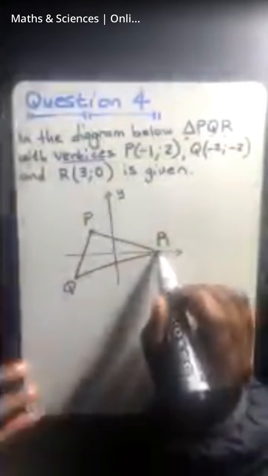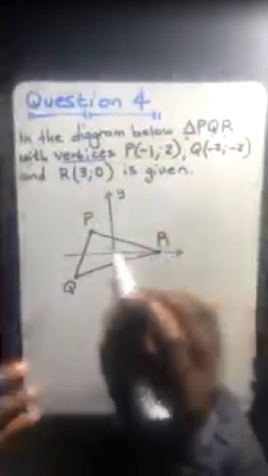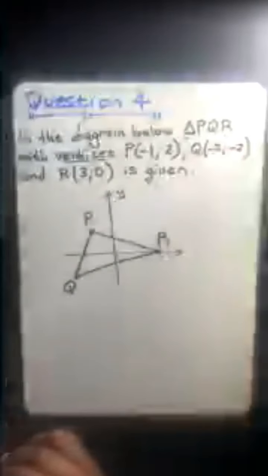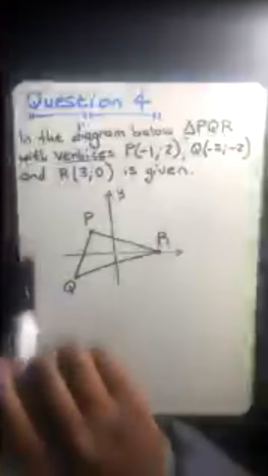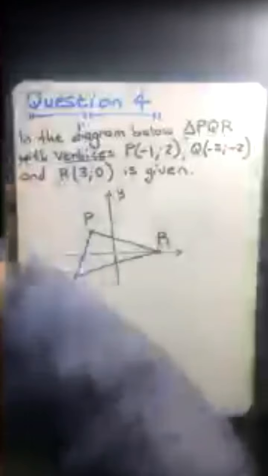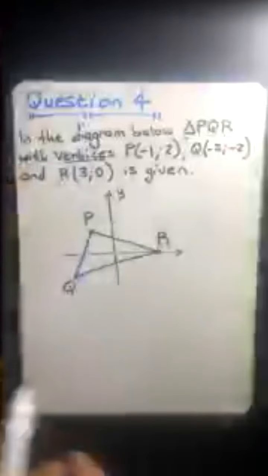They are the corners. So we've got the P corner, the Q corner, and the R corner.